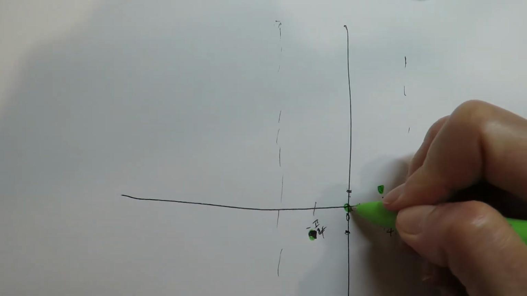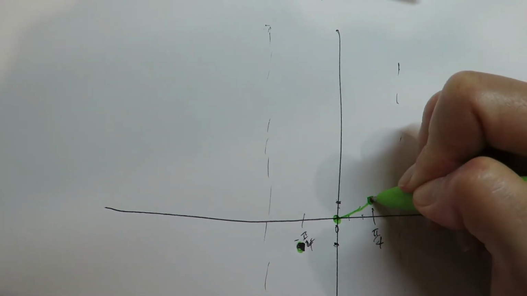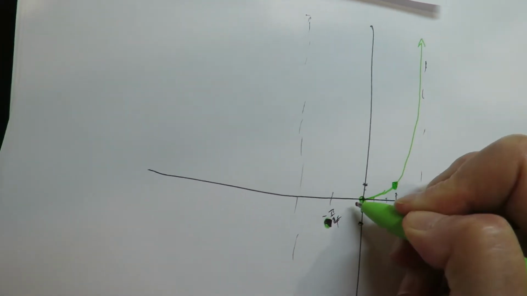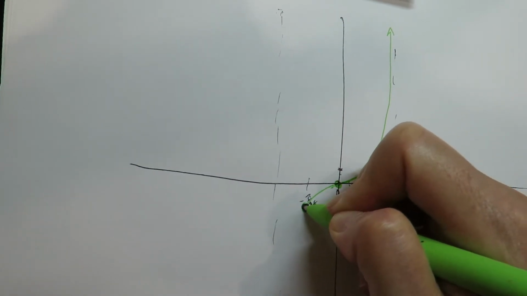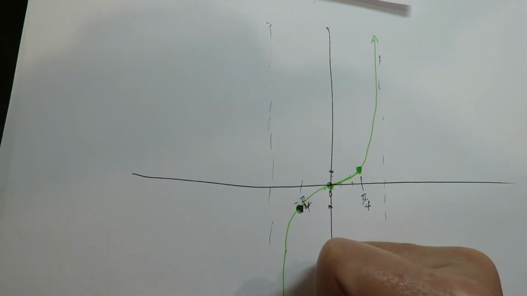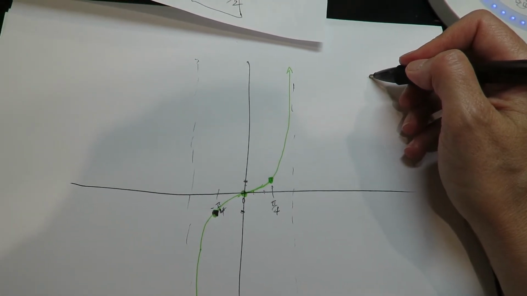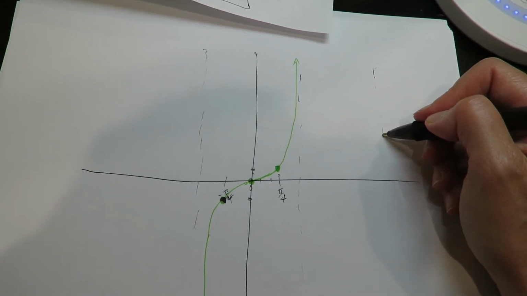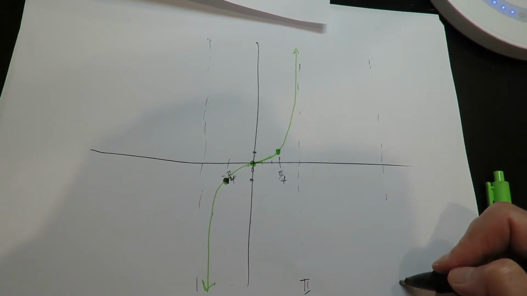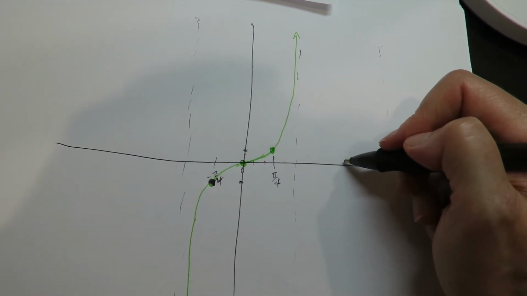Okay, and then I'm going to draw the graph. Right, and then just try to do like a photocopy of that the best you can, on the left side or on the right side, doesn't matter.